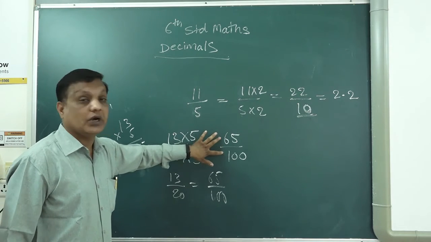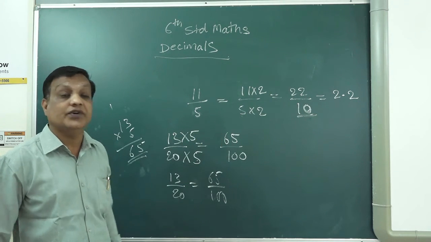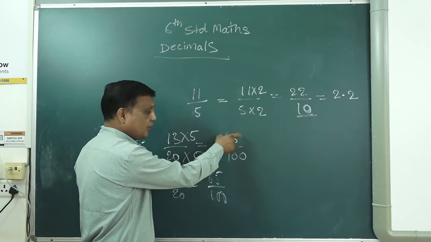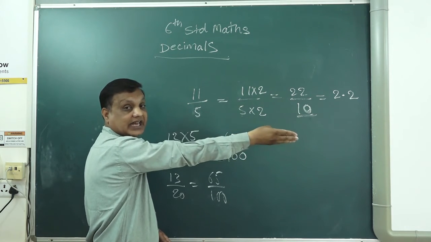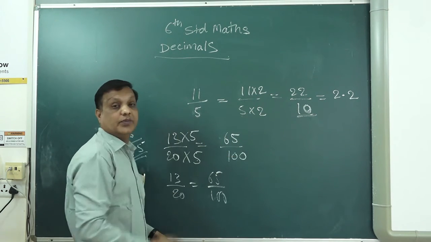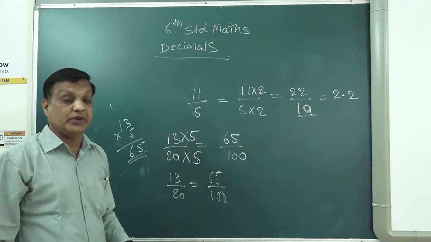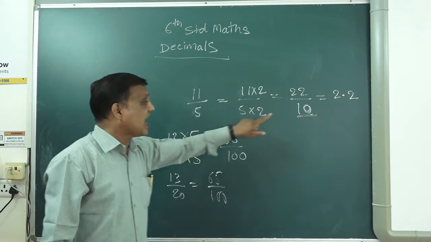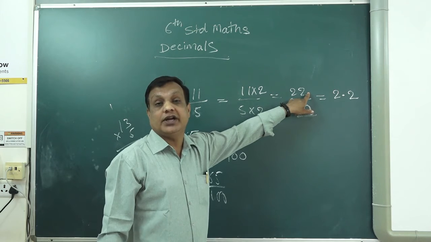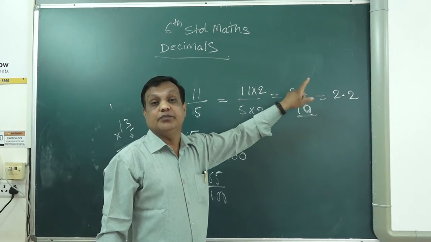Now this fraction we have to convert into a decimal. How to convert? Now here are two zeros in the denominator, so from your right hand side, 2 digits before, you have to put a point. Why? Because there are 2 zeros. As we saw with 10, from the right hand side in the numerator we place the point 1 digit before.